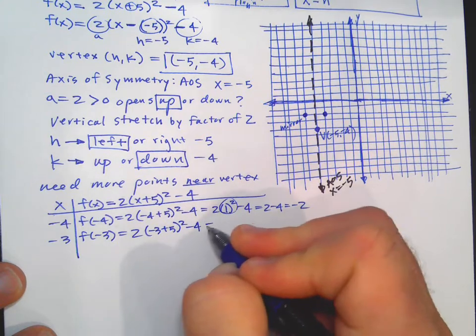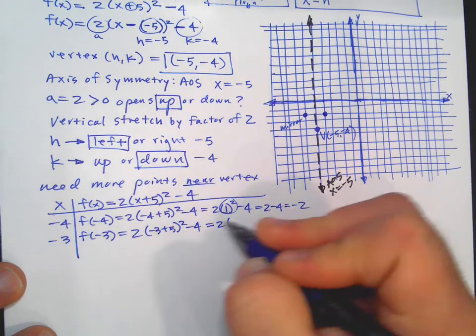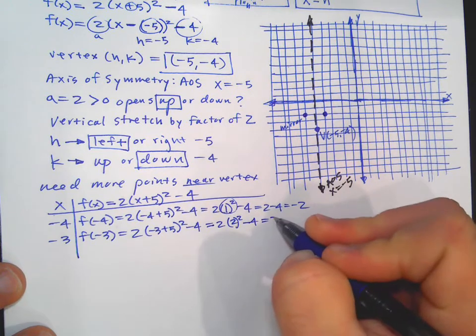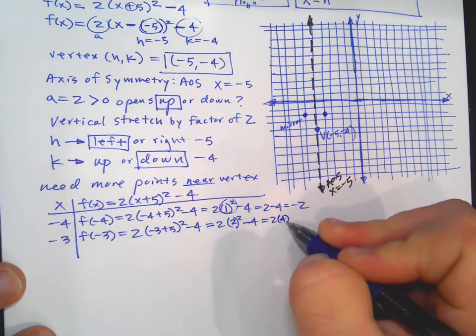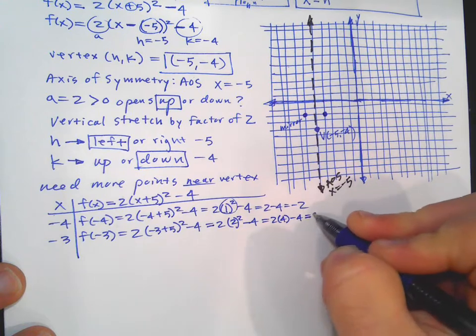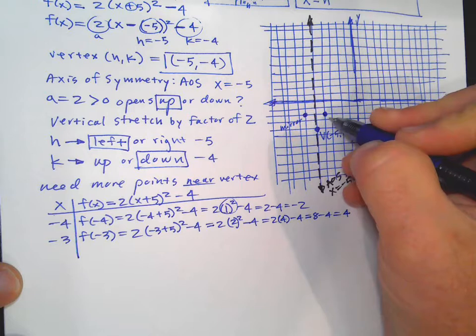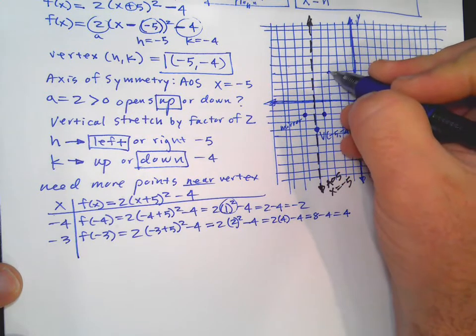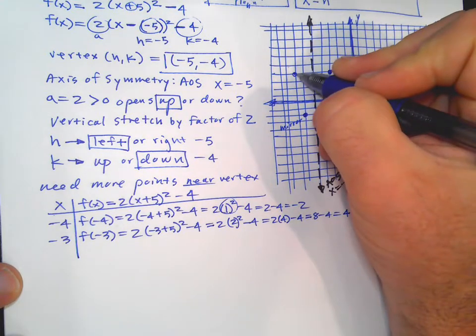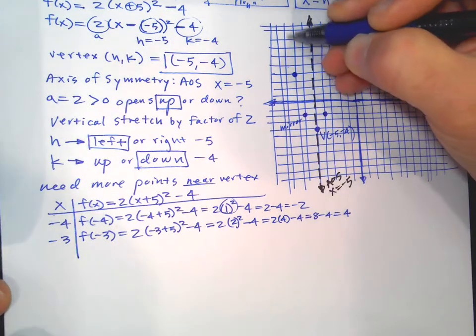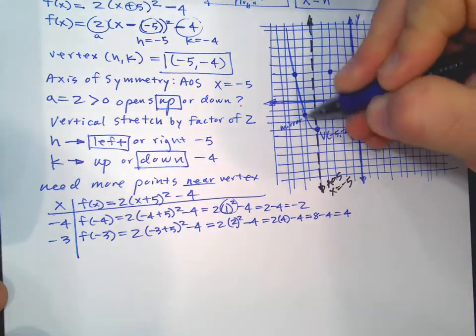I'm just showing my work here. -3 plus 5 is 2. Squared is 4. 2 times 4 is 8. Minus 4 is 4. So (-3, 4) is going to be up here. And we can do a mirror image on the other side. Two units this side, two units that side. So I think that's pretty good. Got a lot of points here.